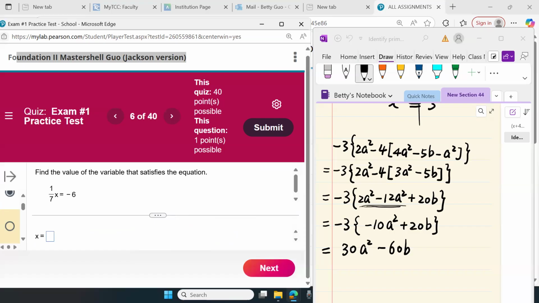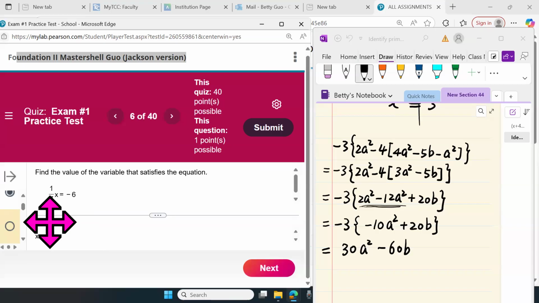Find the value of the variable that satisfies the equation, so solve the equation. On the left side, we have a variable term. The coefficient of the term is 1/7. We want to isolate the variable x, so we want to change the coefficient to 1. Since the coefficient is 1/7, we multiply by its reciprocal.